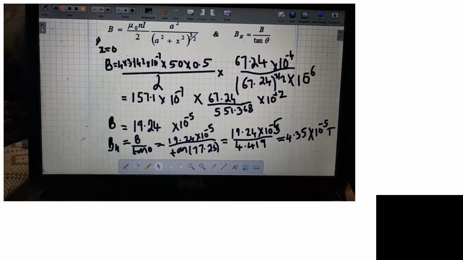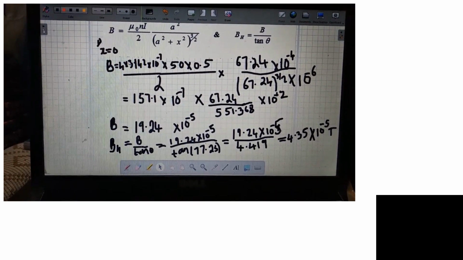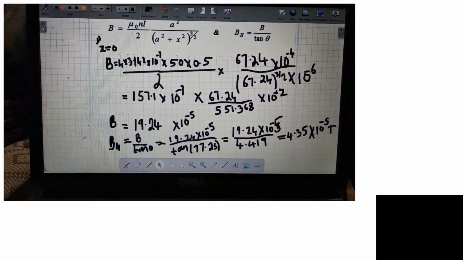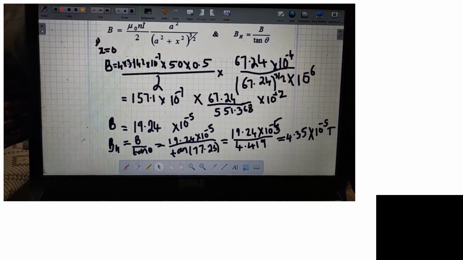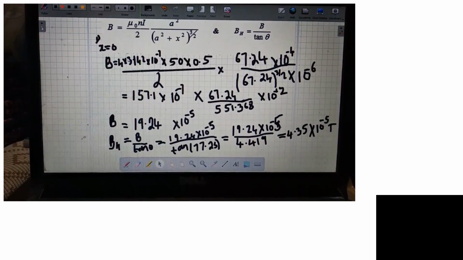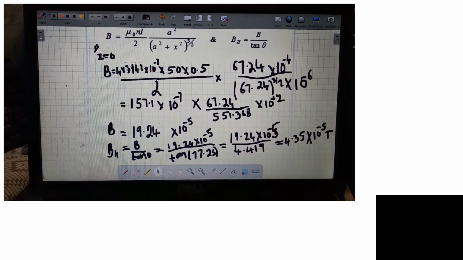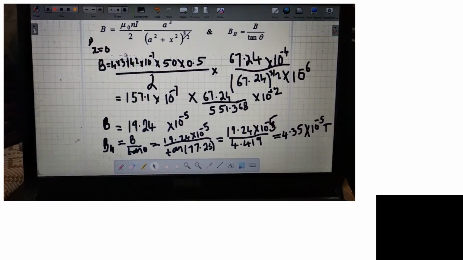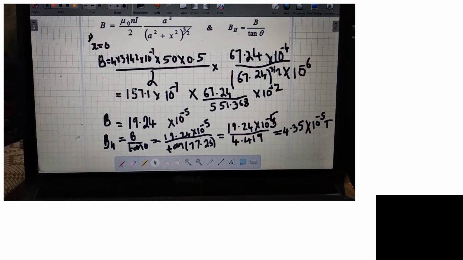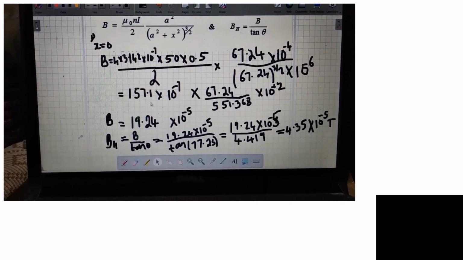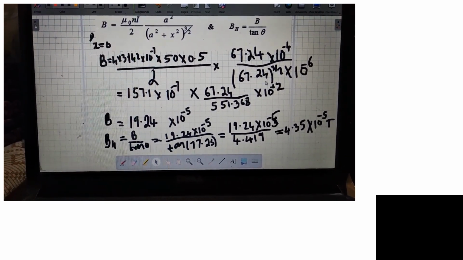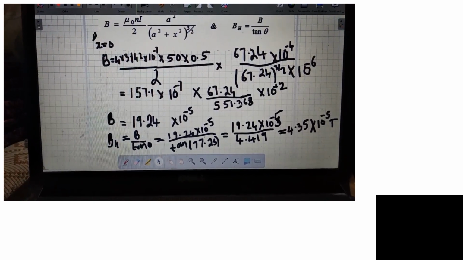So a square is 67.24, raise this to the power of 3 by 2, and 10 raised to minus 2 to the power of 3 by 2 is nothing but 10 raised to minus 6. So simplify all these factors, it comes out to be 157.1. And here 67.24 to the power of 3 by 2 is this much.